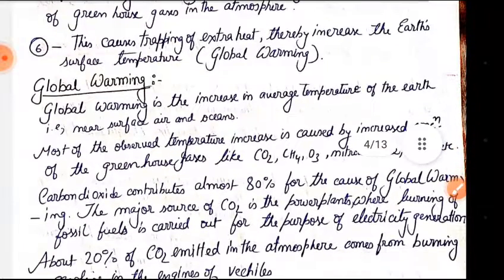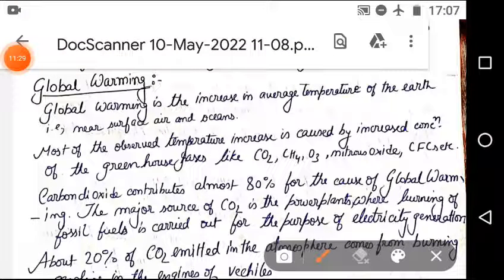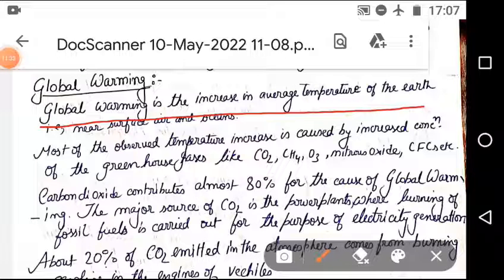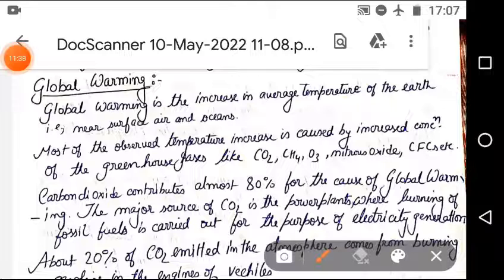Now let us see about the global warming issue. Global warming, as we have already discussed, is the increase in the average temperature of the earth near the surface of the air and also the oceans.